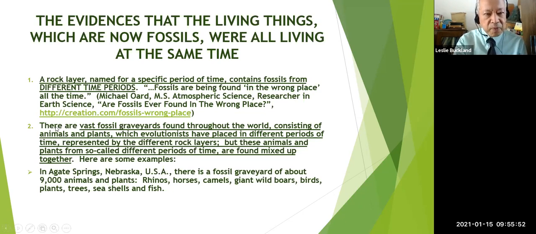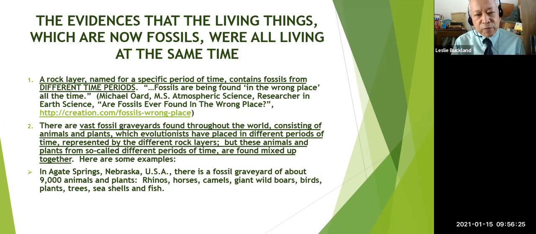Number two, there are vast fossil graveyards. When I say fossil graveyards, I mean you have different animals and plants fossilized together, which according to the theory of evolution should not be together, because one should have evolved into the other, and the other should have evolved into still another kind of life.